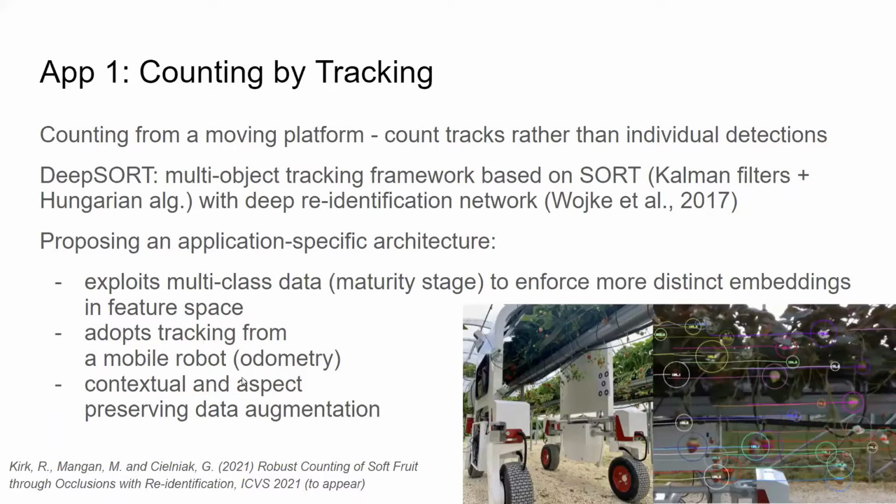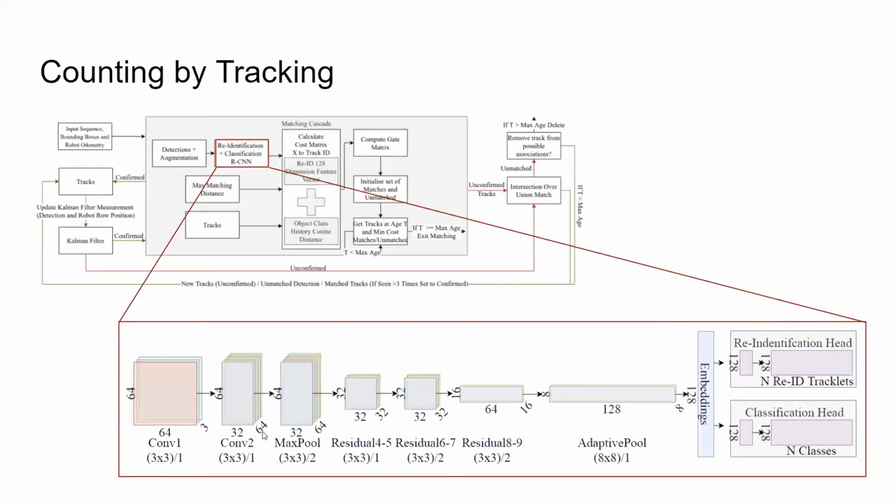Another aspect is that some of the knowledge from the robotic odometry is included, and some specific augmentation during the training is performed. So that paper is to appear towards the end of September in ICVS, so it will be available online.